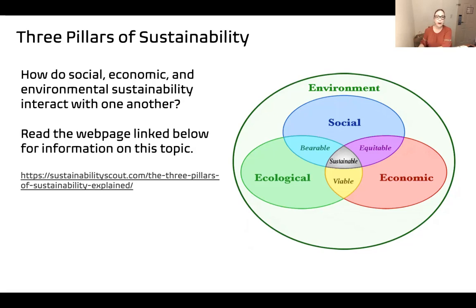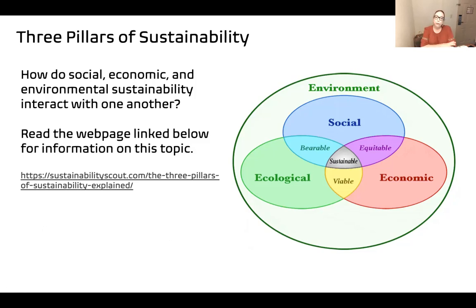Now, how do these interact with one another? Again, I gave you another website which really explains this well. It has analogies for you to help you picture how these things work together. And this image that you see here is on that website, and it explains what they mean by bearable, sustainable, viable. So we're going to go there in just a second.